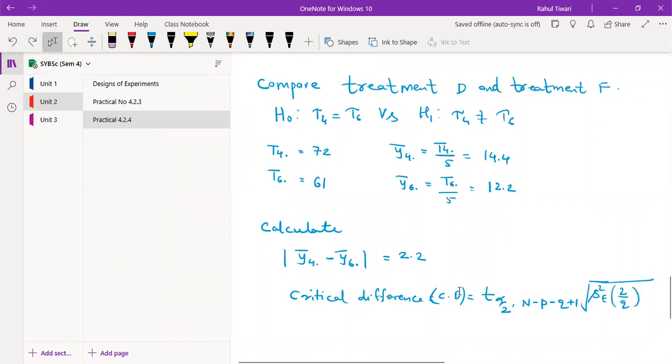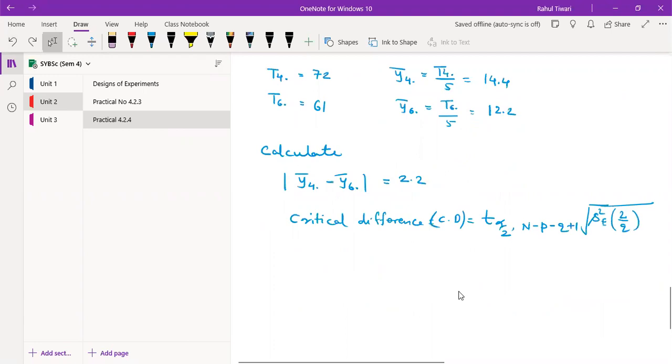Yeah. So this was the formula for critical difference, if you remember the notes.